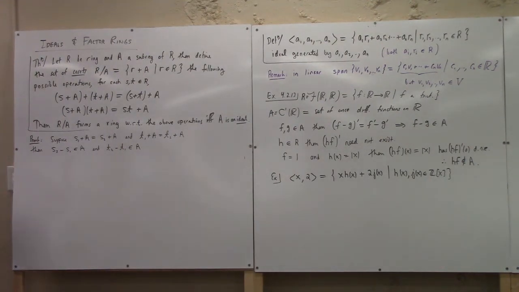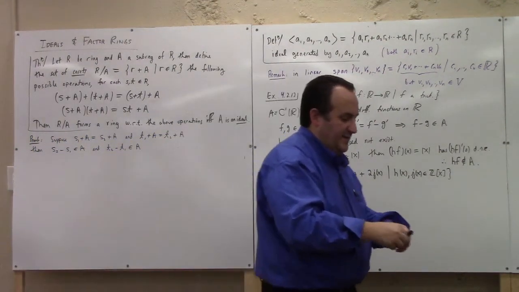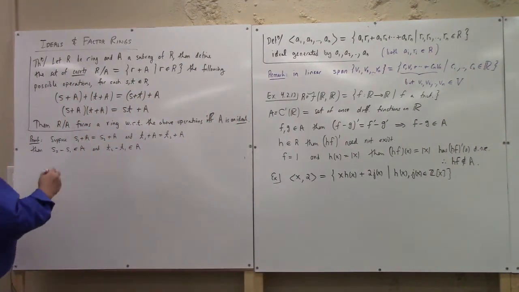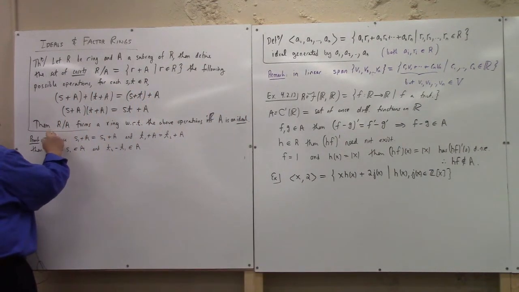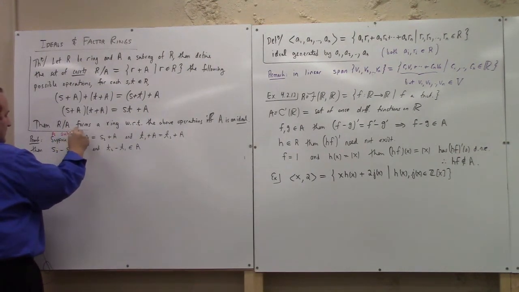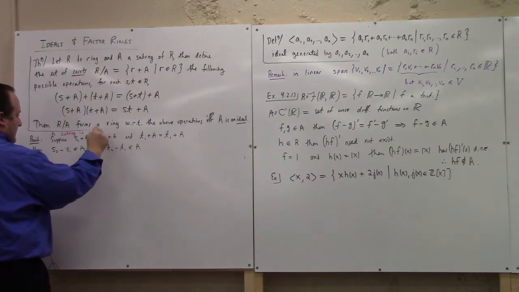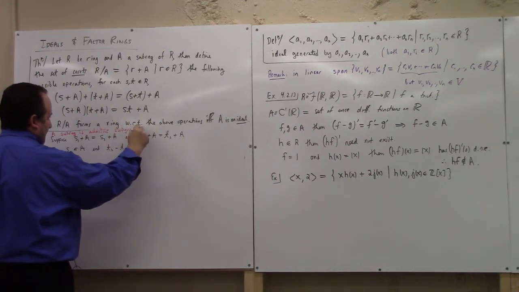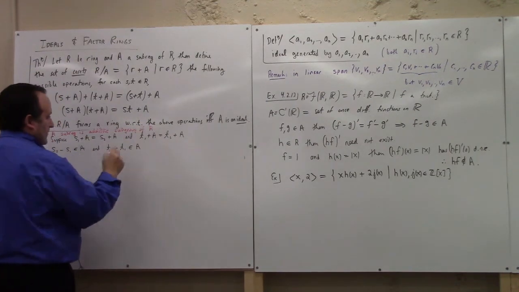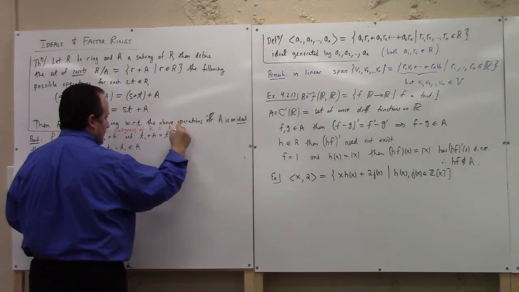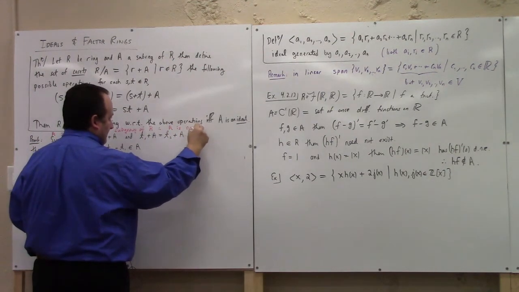If A is a subring, let me put it in red, that means that A, as a subrng, is an additive subgroup of R. Therefore, A is a normal subgroup of R.